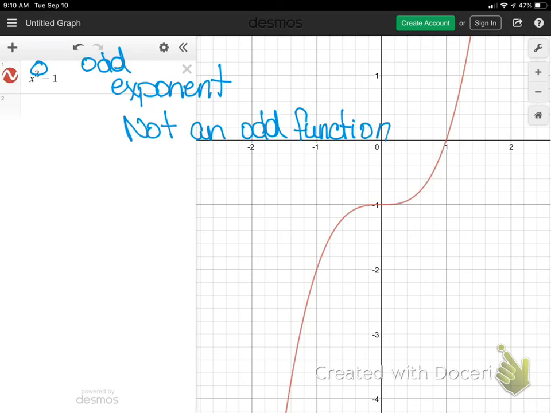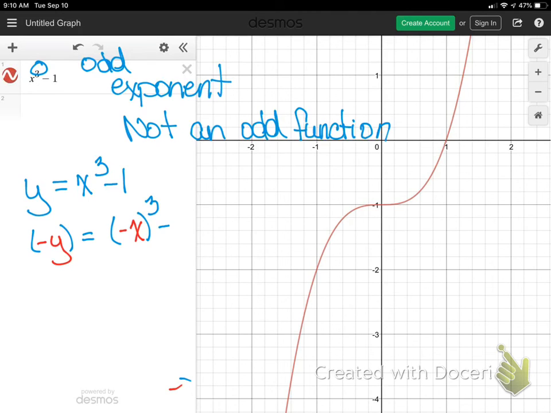Now, the reason I know that, and if I can show it algebraically, okay, so I've got to replace y with negative y, and I replace x with negative x. Okay?